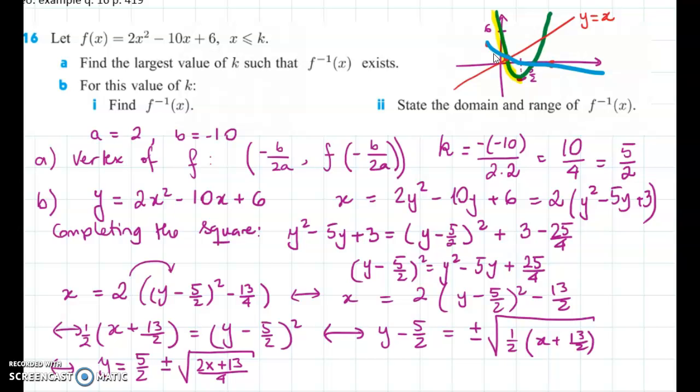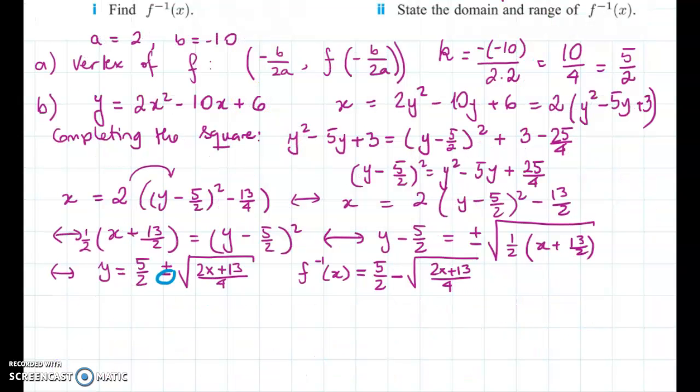But what we see from the picture is that the square root that we want is the one with the negative sign, because that's the one that's going to have the shape that we need. So that means that the inverse of the function f is given by 5 over 2 minus the square root of (2x + 13)/4.